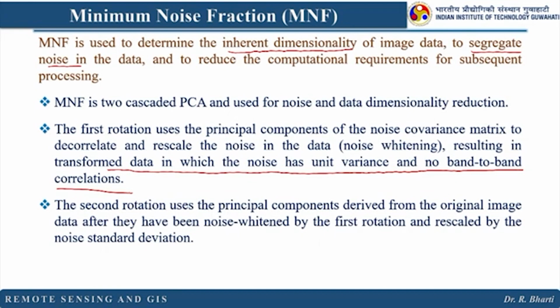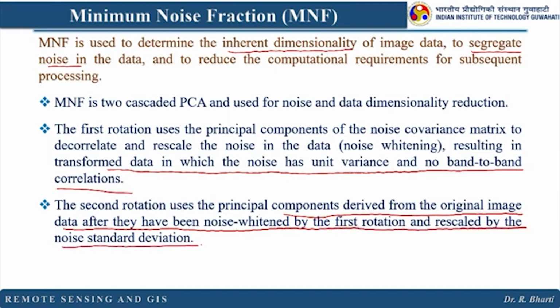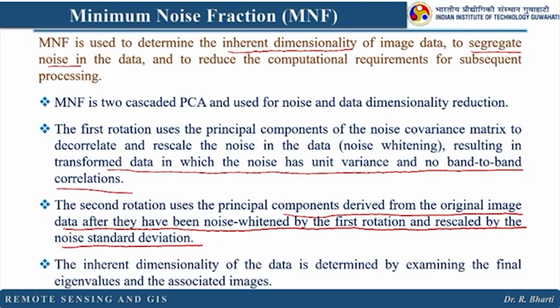In the second rotation, it uses the principal components derived from the original image data after they have been noise whitened by the first rotation and rescaled by the noise standard deviation. The inherent dimensionality of the data is determined by examining the final eigenvalues and the associated images.